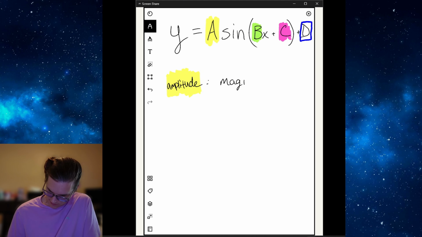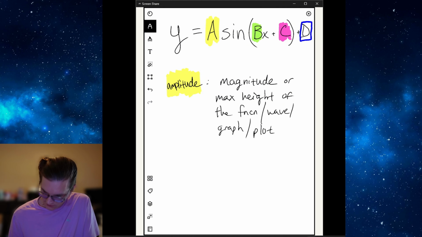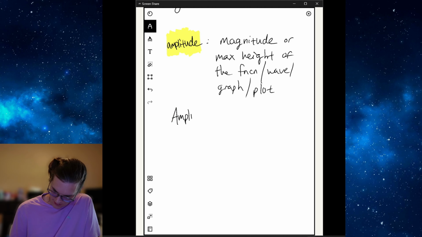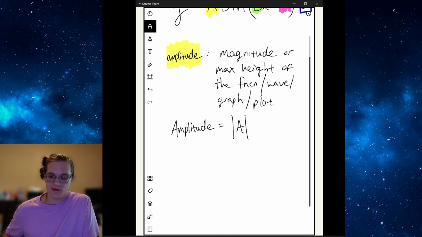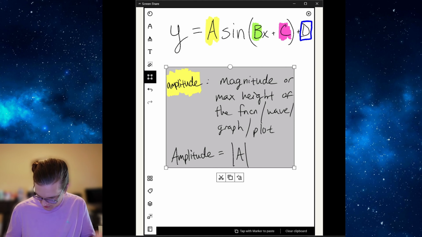Amplitude, which is the magnitude or max height of the function, the wave, the graph, the plot. All these words will be used probably at some point. Remember that the amplitude that we're looking at is equal to the absolute value or the magnitude of that very A that is in there.